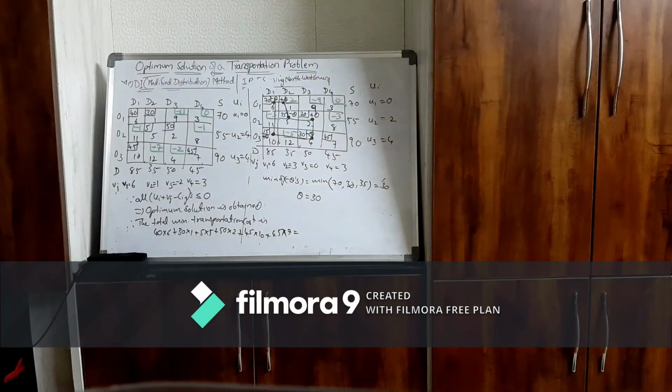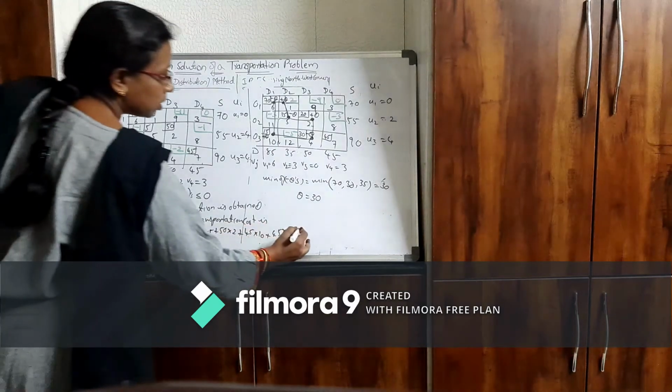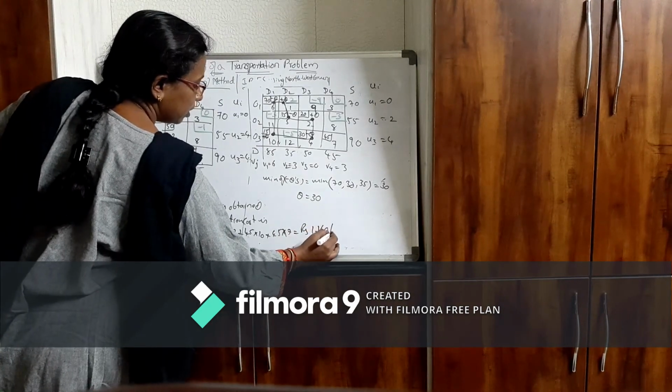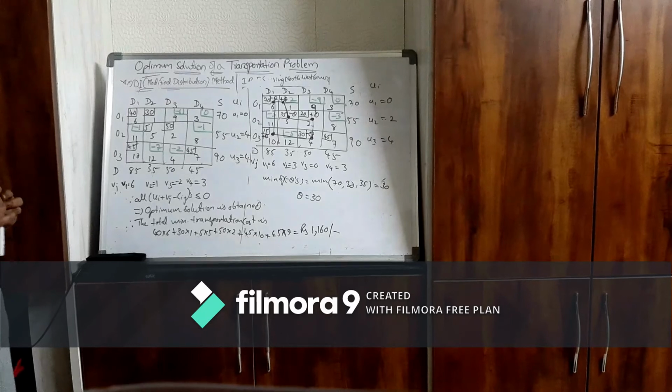So multiply all these values and you add it. So when you add it you get 1160 as the transportation cost.